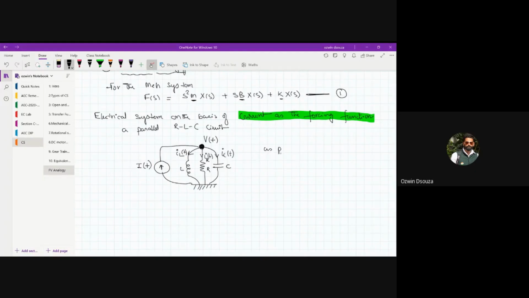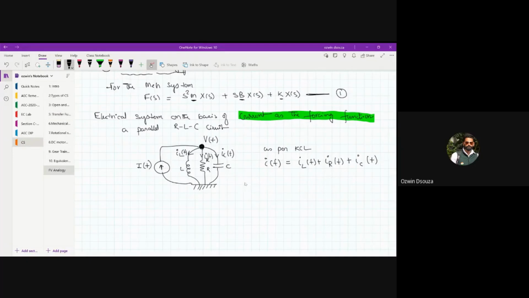If you recollect, I have written the current relations for an inductor, for a capacitor, and also for a resistor, somewhere in class number 5, I think. You can just go back and see.